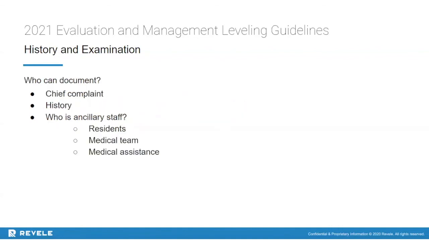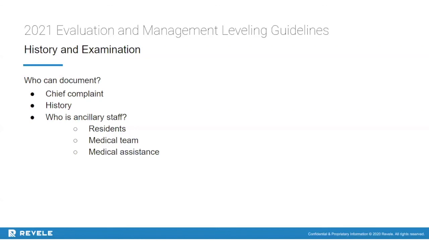January 1st of 2019, CMS expanded the policy for office or outpatient evaluation and management visits to provide that any part of the chief complaint or history that is recorded in the medical record by ancillary staff or the beneficiary does not need to be redocumented by the billing practitioner.